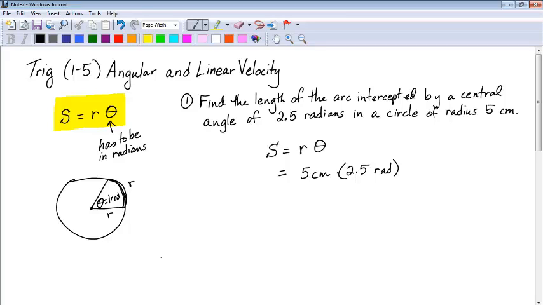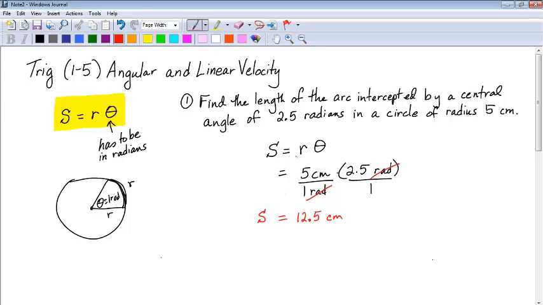It's always defined by the radius. So to get this to work, divide by 1 radian. The radius of the circle is 5 centimeters per 1 radian. Then when you put your angle in there, 2.5 radians, the radians divide out. If you multiply that out, you end up with 12.5, and the units that are left are centimeters.